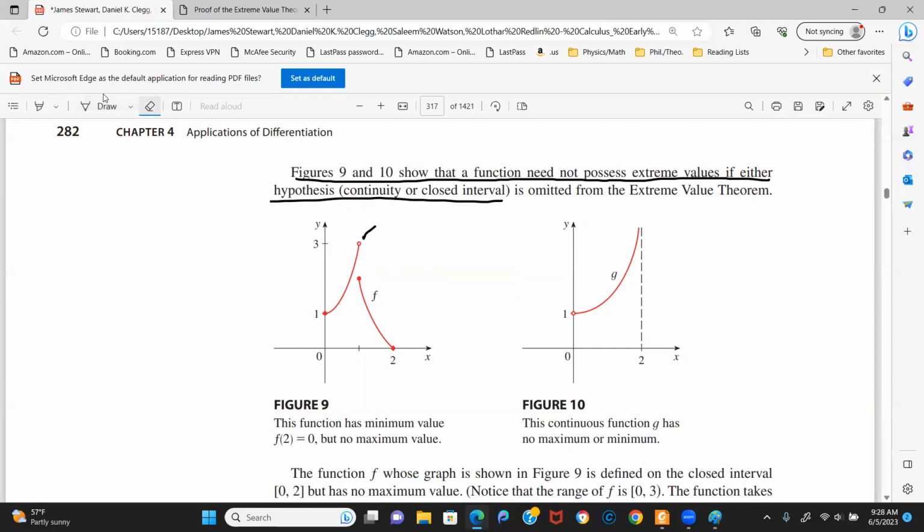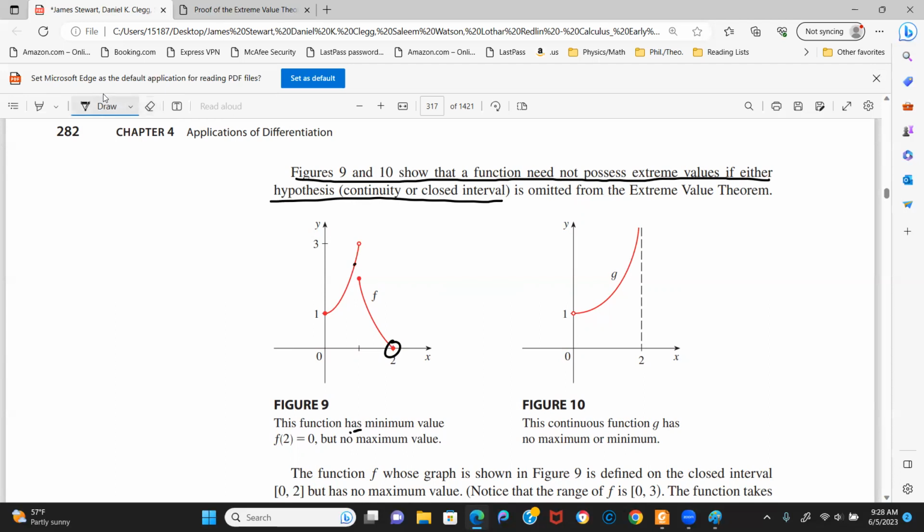So this will not have a maximum. This one does have a minimum at this point, but remember the extreme value theorem says you'll have both a minimum and a maximum. So if you have a discontinuity like this, you're going to lose one or possibly both. You're not going to have both if your function is not continuous like this. So you could say, well, what about this?